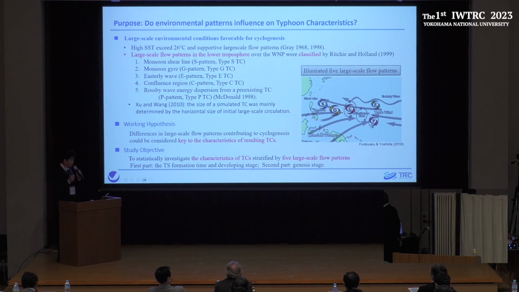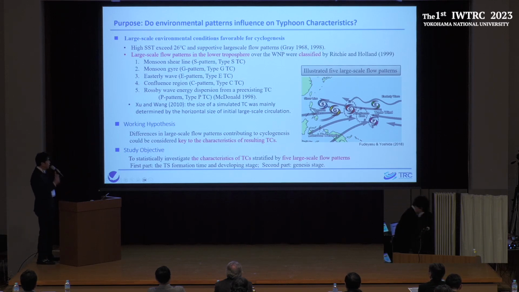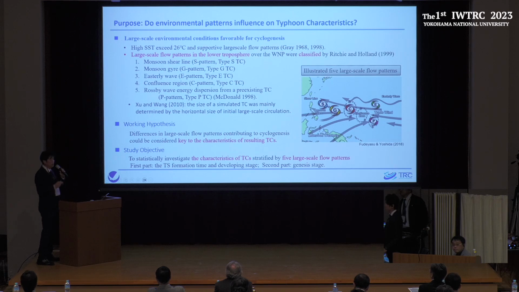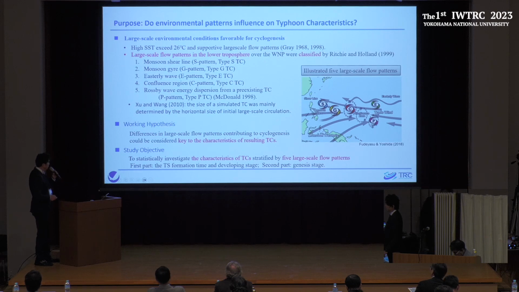So as a working hypothesis, differences in the large-scale flow pattern contributing to cyclogenesis could be key to the characteristics of the resulting tropical cyclone, not only at the genesis stage, but also at the post-genesis stage. So the purpose of this study is to statistically investigate the characteristics of tropical cyclones stratified by the 5 large-scale flow patterns defined by Ritchie and Holland.